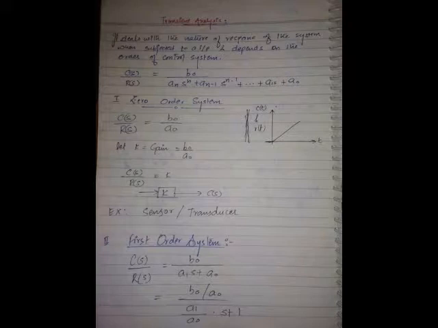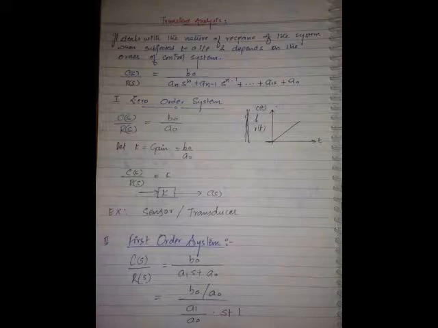When you change the input, immediately the output also changes. This means the response is not taking any time to track the input, so there is no transient analysis. It is following the input, meaning there is no error between input and output. So zero order systems do not have time response analysis, because the input and output characteristics are linear.